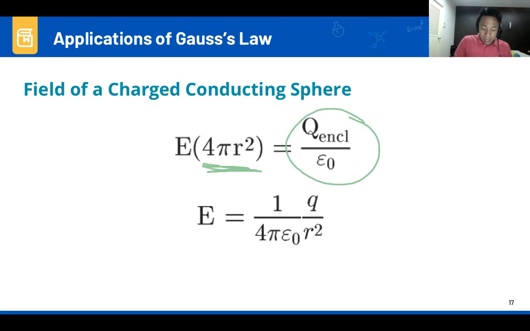E stands for electric field. We are not concentrating on the flux or the lines passing through the surface. We are just pertaining to the lines inside the object. Okay, that is the electric field.